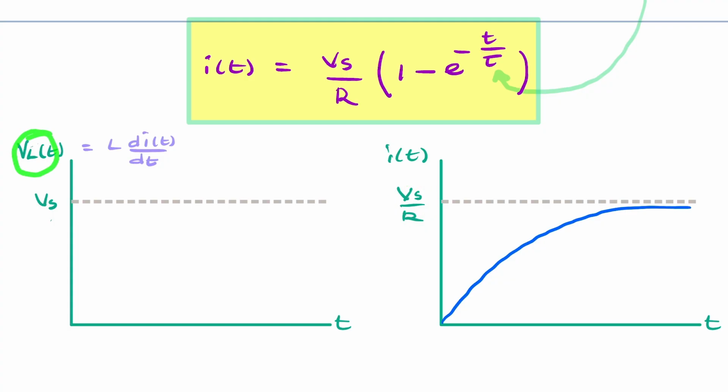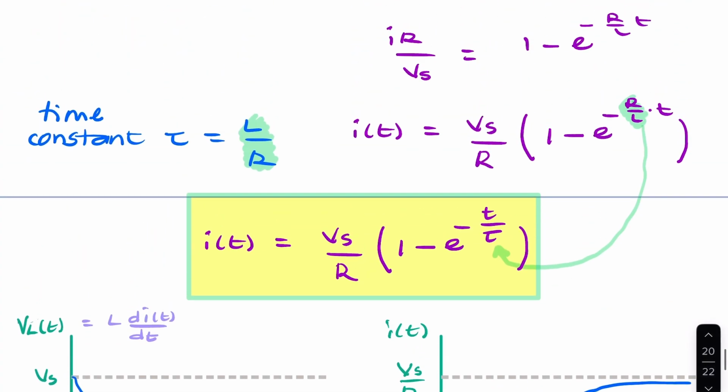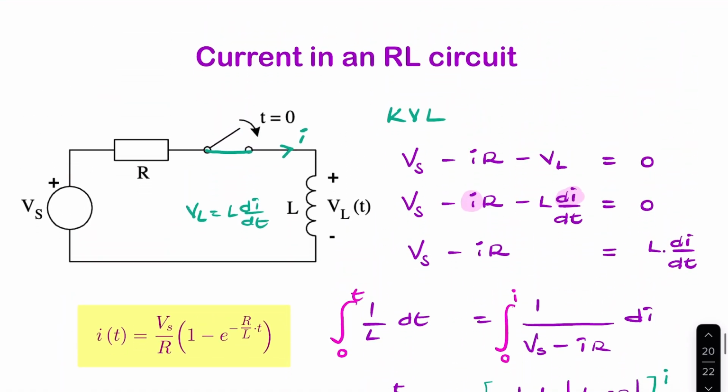What happens with the potential? The potential VL is the derivative of this, so it's the gradient. So the gradient is high, lower, lower, lower. Ultimately, it approaches 0. So your gradient would look something like this. And again, that makes sense. It says that at t equals 0, at 0 time, the potential VL is equal to Vs because there's no current.